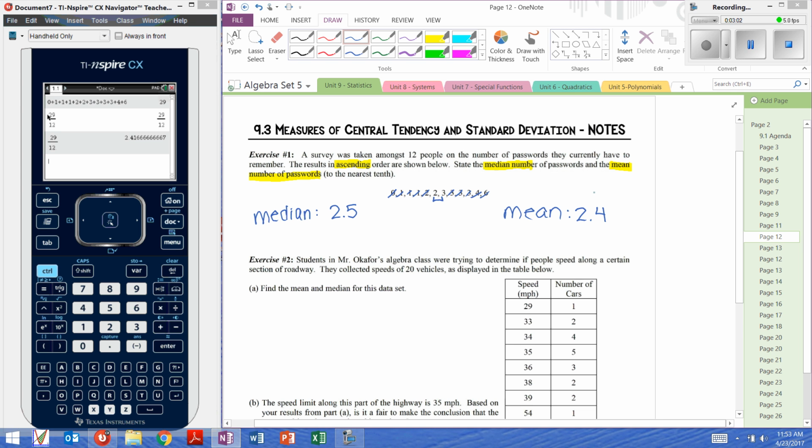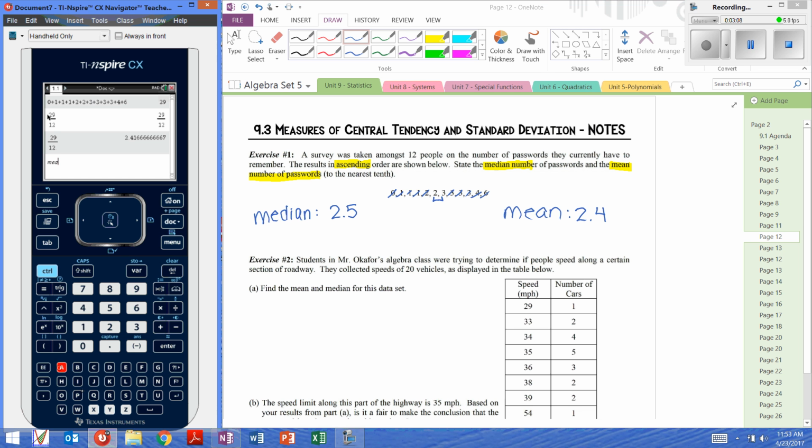Now, there's one more way that we can find the mean on our calculator, and all you have to literally do is type in mean, and it opens a set of parentheses, but what's important is you also need to add in set notation. And then in that set notation, you are just simply going to list all of the numbers.